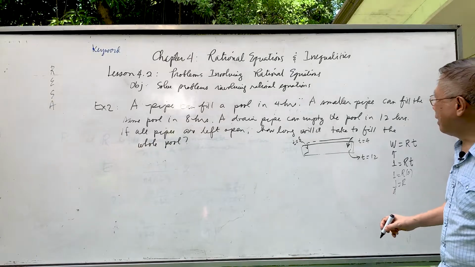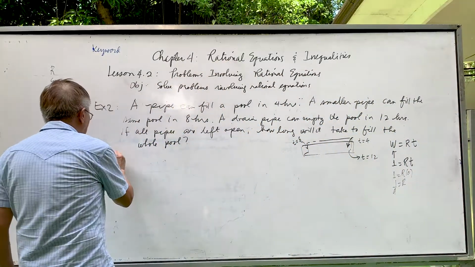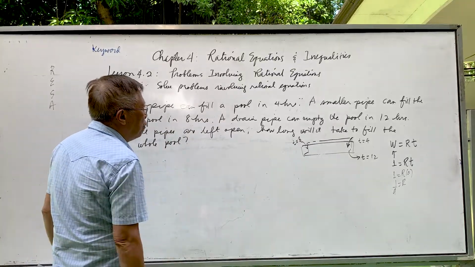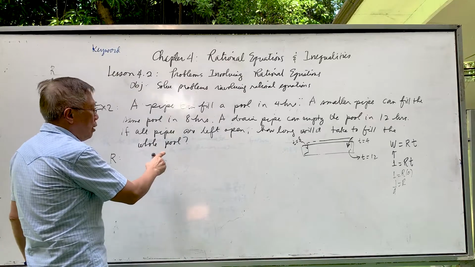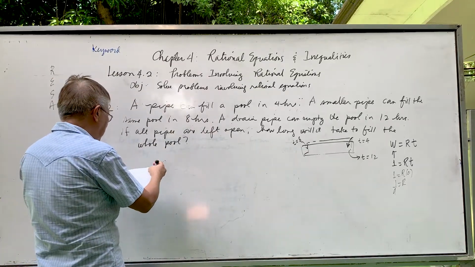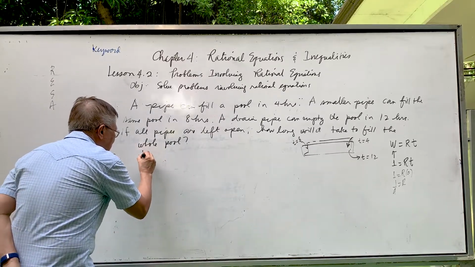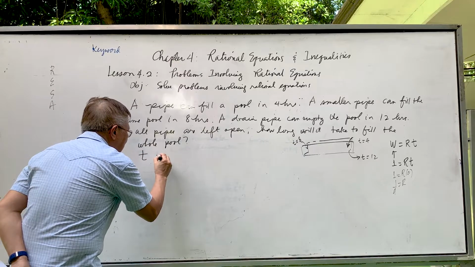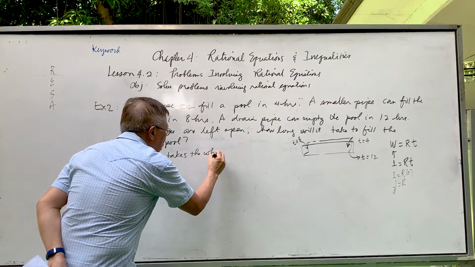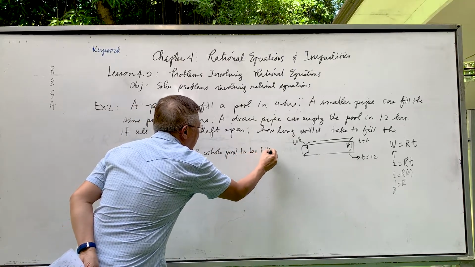Now, what is our representation? We want to find out how long will it take the whole pool to be filled. Okay, let's say that's the time. Time it takes the whole pool to be filled.